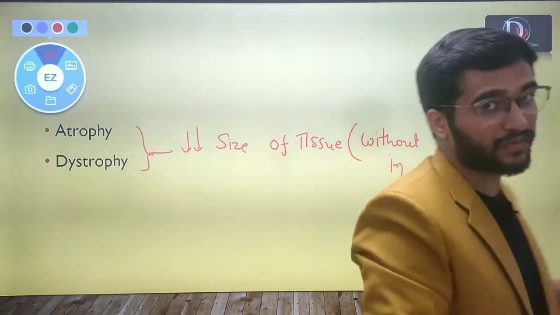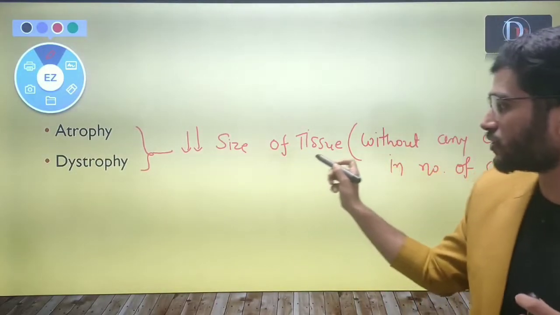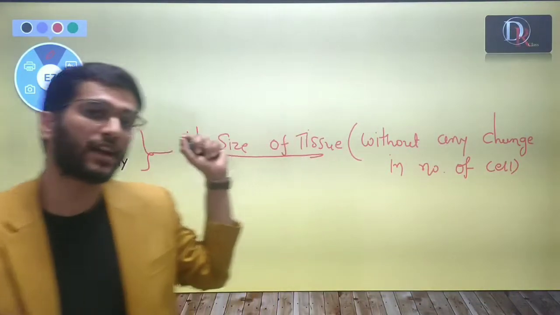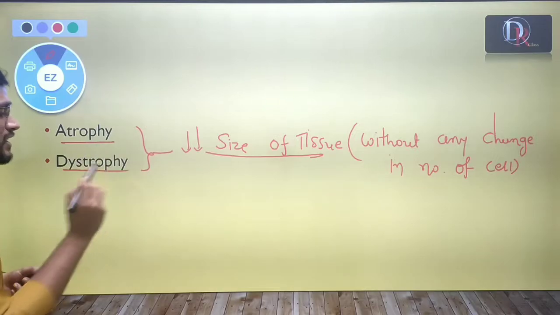So if the tissue is reduced in size but there is no change in the cell number, that kind of situation is atrophy and dystrophy.